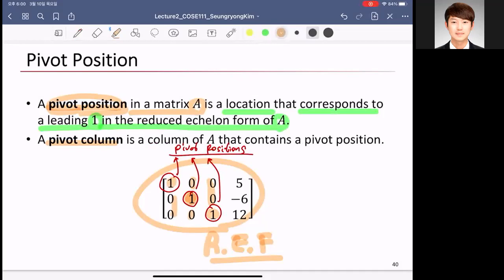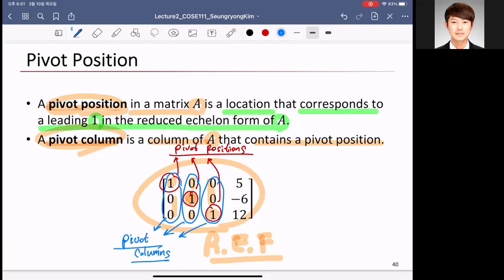And pivot column means the columns of A that contain a pivot position. So in this case, column 1, column 2, column 3 are pivot columns, because they contain pivot positions.